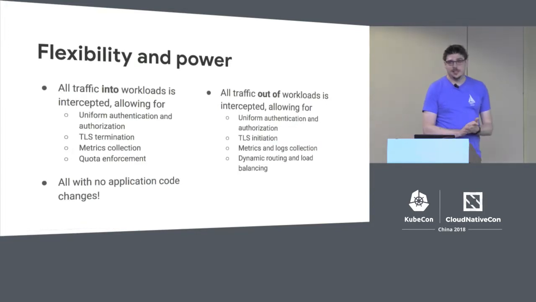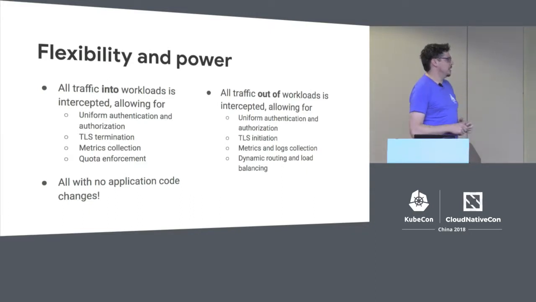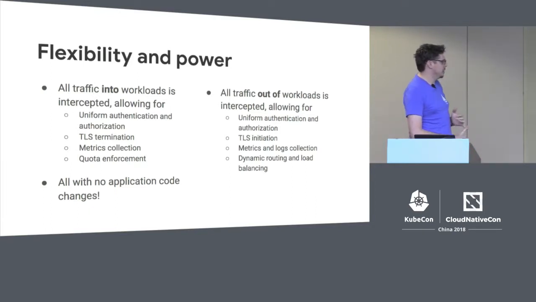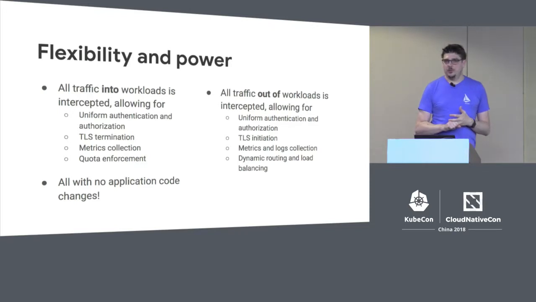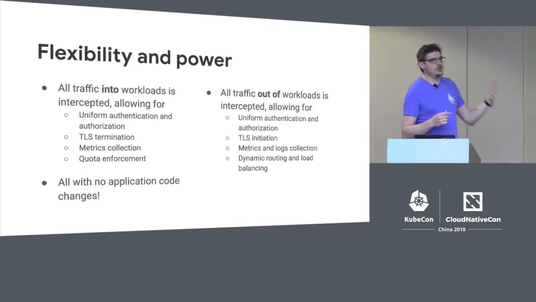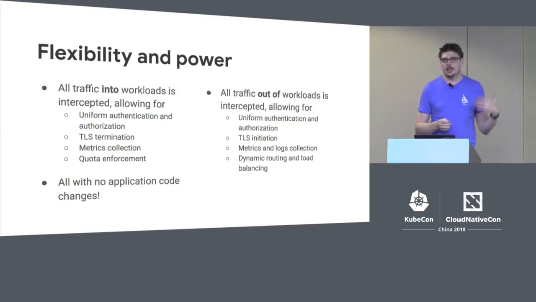That gives us a lot of flexibility here. So the traffic into our workloads being intercepted means we can do things like look at quota. Are too many requests being made to this service for that particular user? We can take authentication and authorization decisions and move them out of your application. So your developers don't need to keep rewriting that same code. And we can do the same thing on the way out.